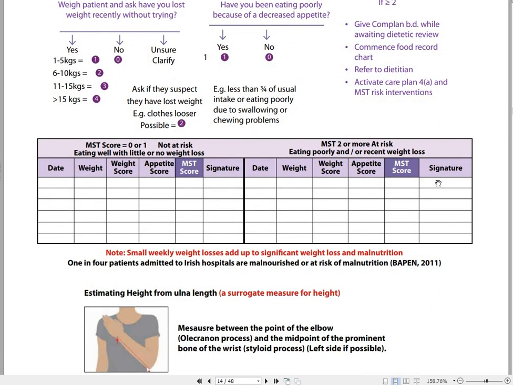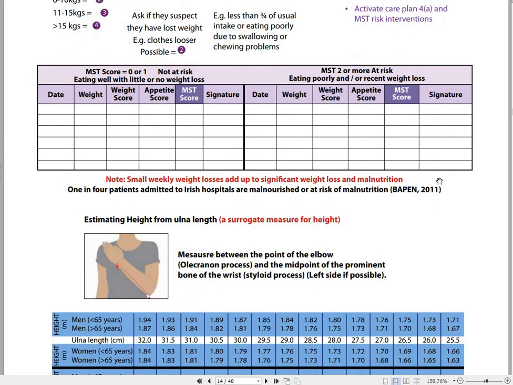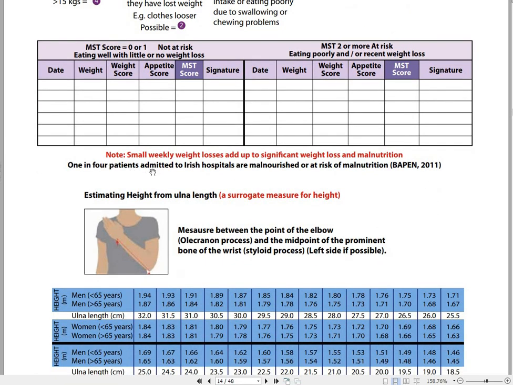And just at the bottom of the MST chart then, note small weekly weight losses add up to a significant weight loss and malnutrition. 1 in 4 patients admitted to Irish hospitals are malnourished or at risk of malnutrition, and that comes from Bappen 2011.